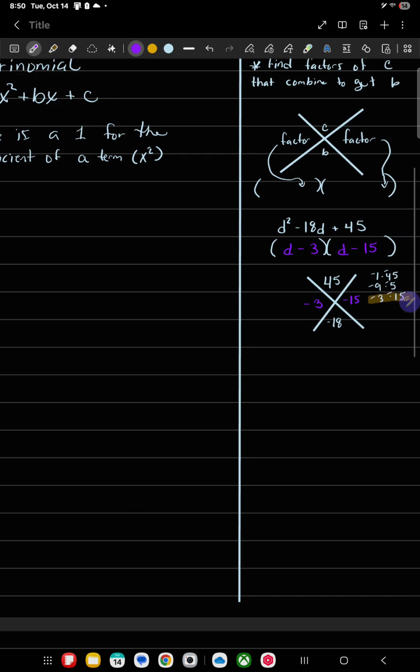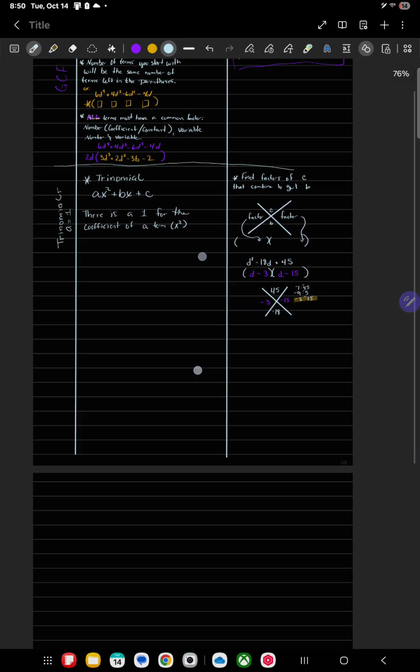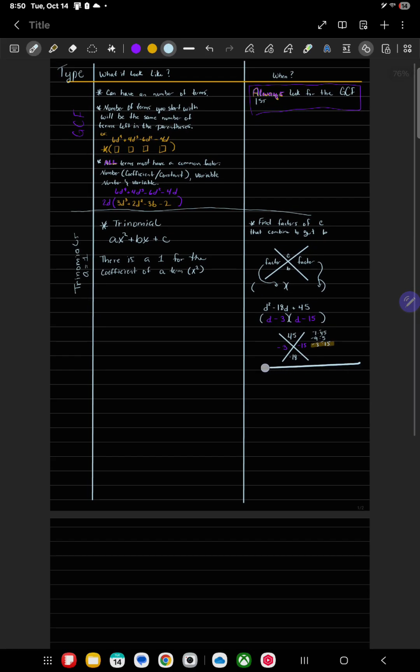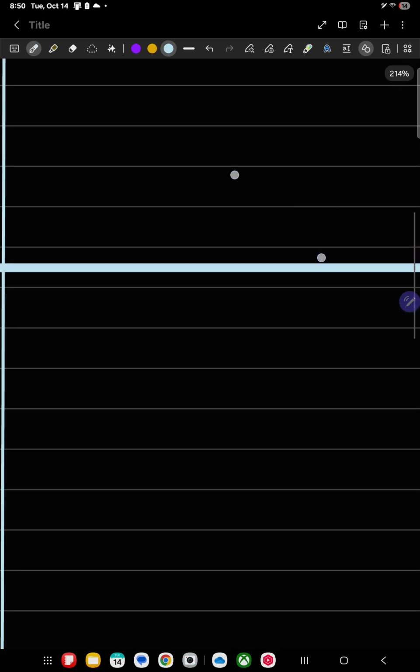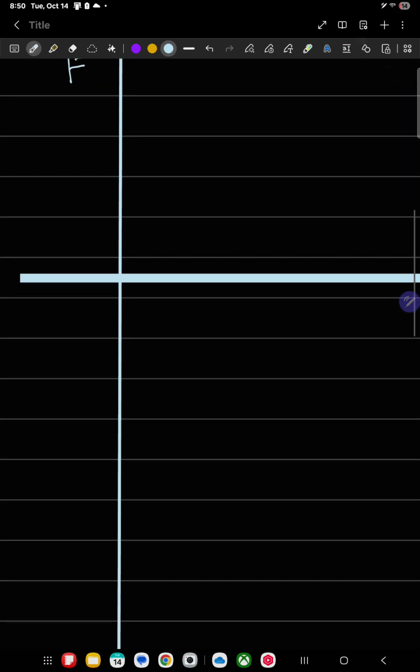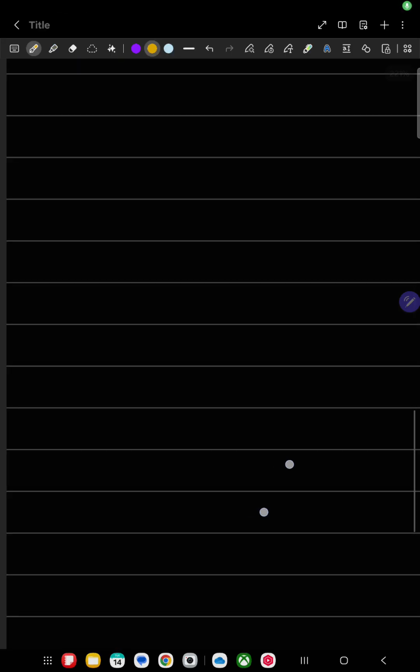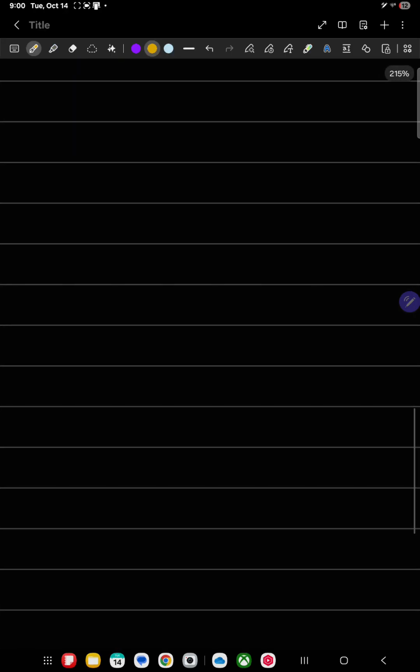Next, let's go ahead and break this line up. Next, we're going to work on a few of the basic problems.